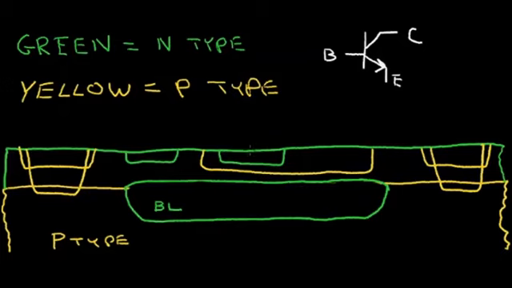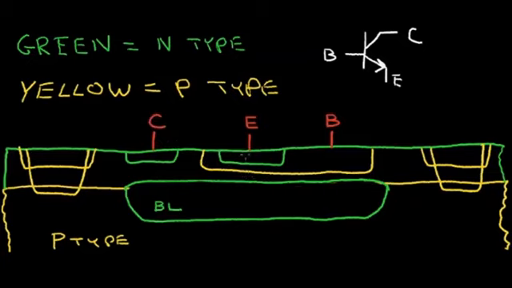So this N material here is going to form the emitter terminal of my NPN transistor. This base region will be connected to metallization. I'll label it B for base. This region will connect to metallization at the surface of the wafer. This region is the collector region.